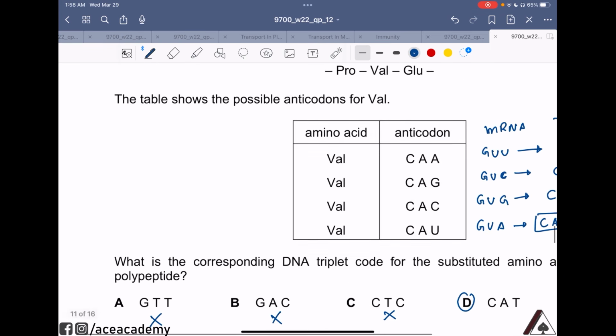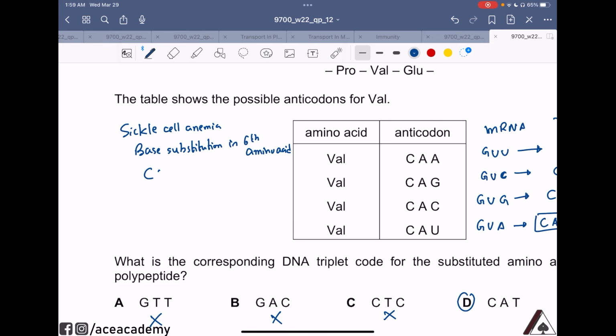And also, you should remember this because this comes in markings as well: sickle cell anemia is caused by a base substitution in the 6th amino acid.